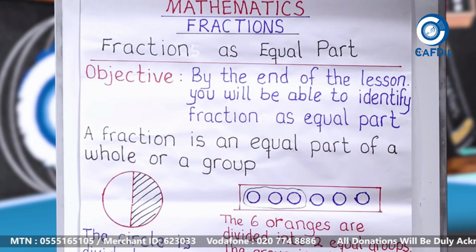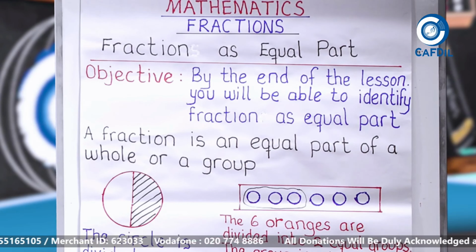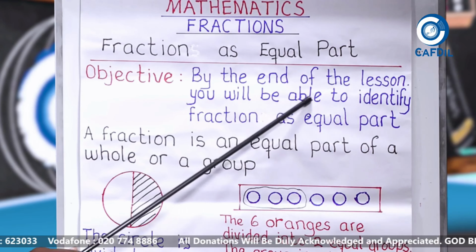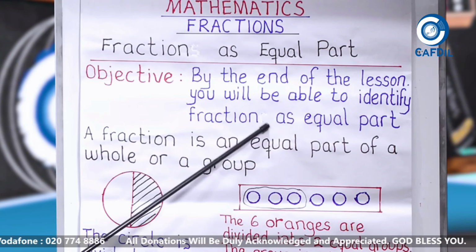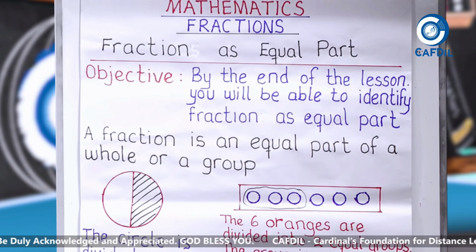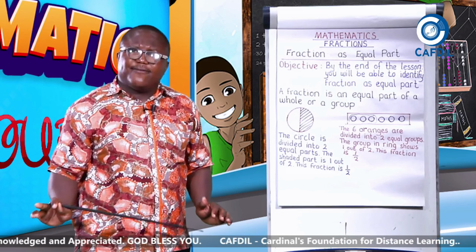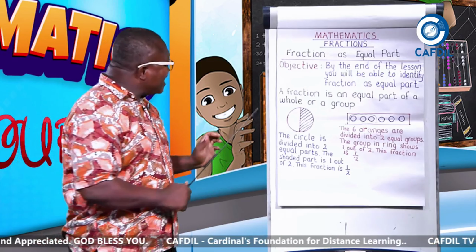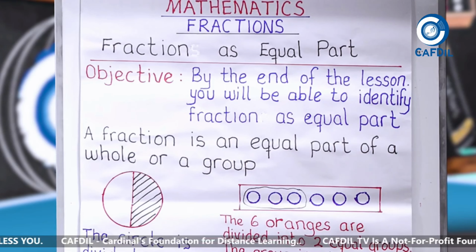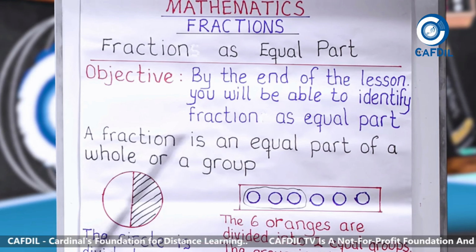But let's look at our objective. We are saying that by the end of the lesson, you will be able to identify fraction as equal parts. Now, let's look at the fraction as we are saying. We are saying that fraction is an equal part of a whole or a group.